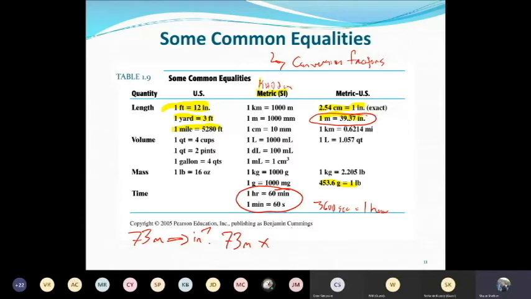Since I want to convert to inches, I'm going to put inches on top and divide by the meters. Why do you divide by meters? So the meters cancel out. You want the meters to cancel out so that you end up with inches. So 73 times 39.37 gives me 2,874 inches. So that's a lot of inches.